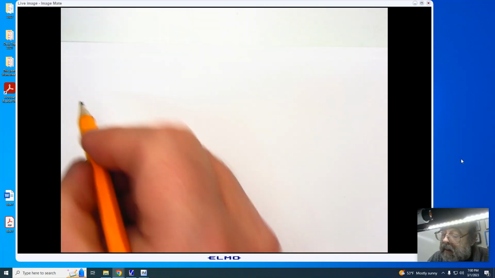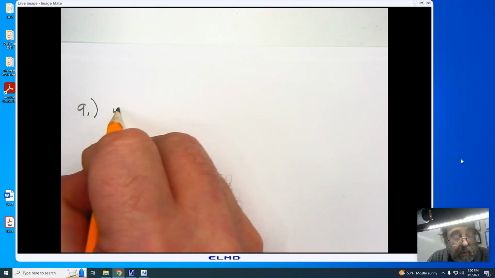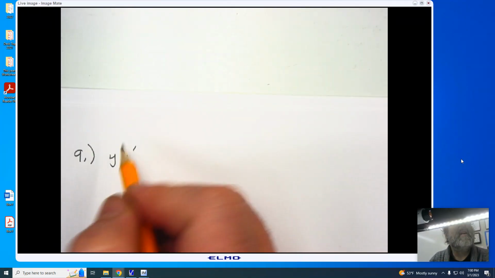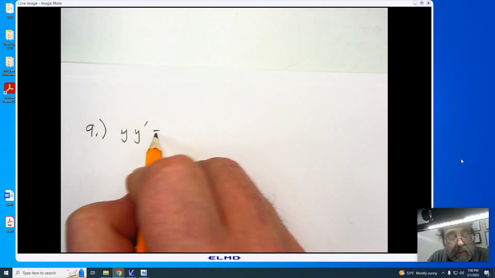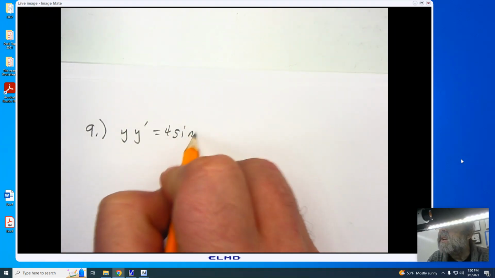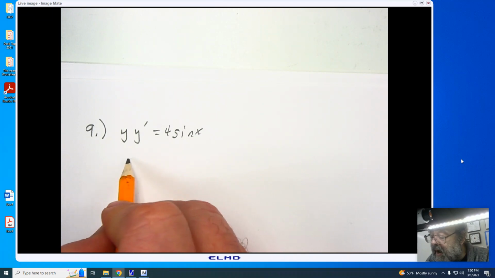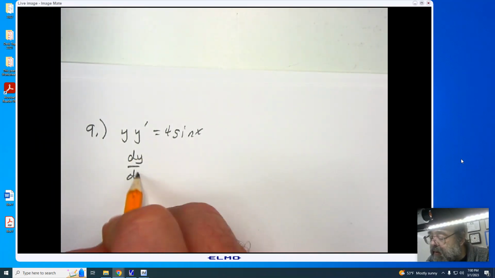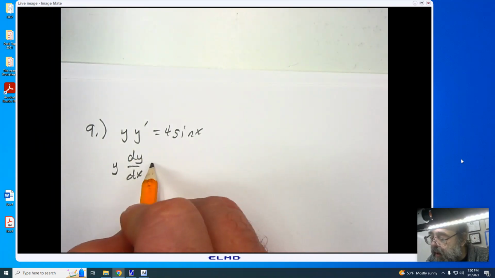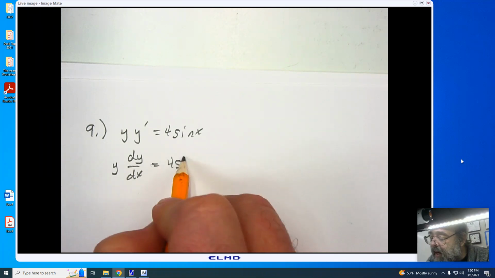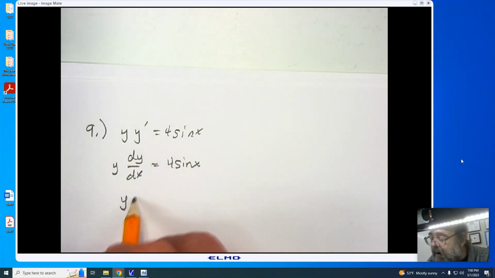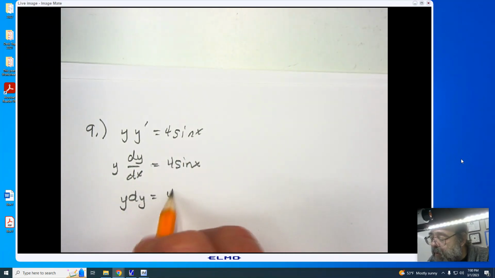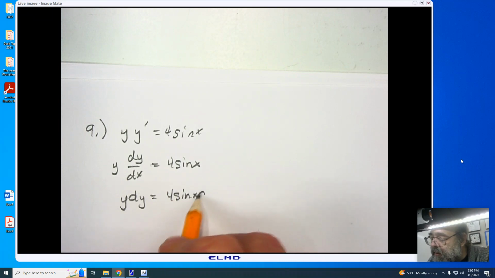Number 9 gives you y prime is equal to 4 sine x. Therefore, I have dy/dx equals 4 sine x. Separating my variables, I get y dy equals 4 sine x dx.